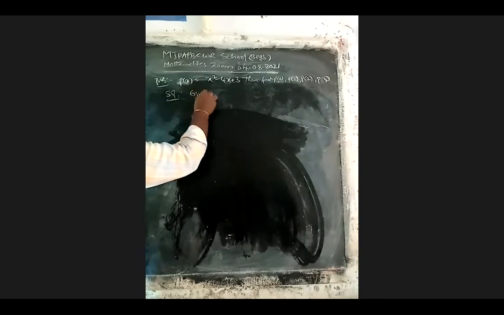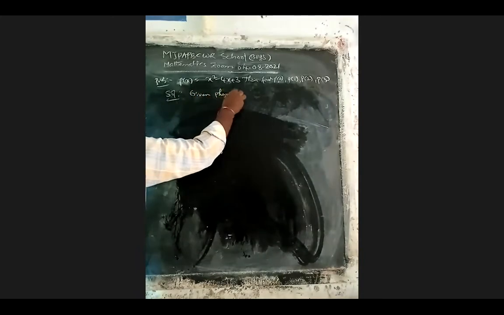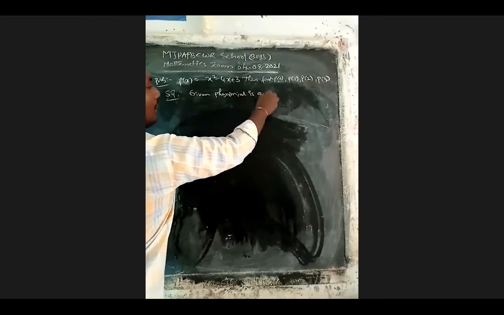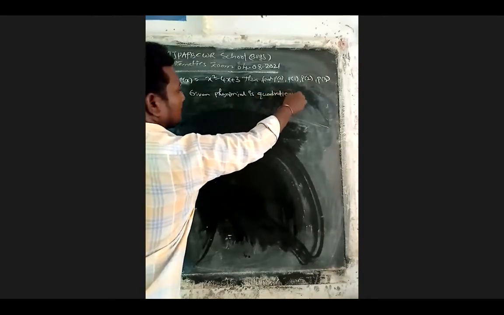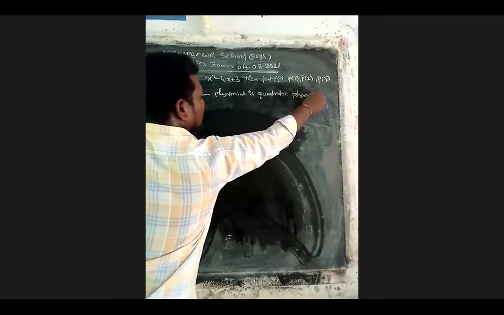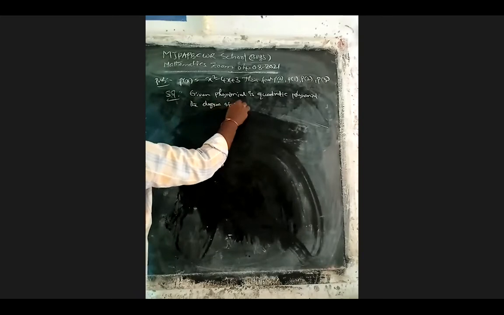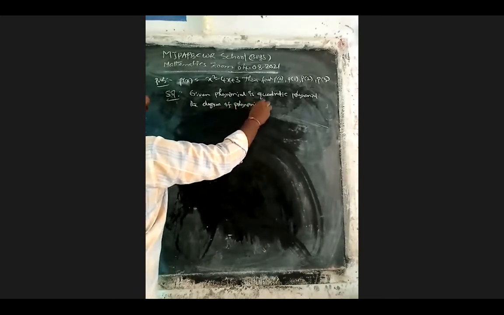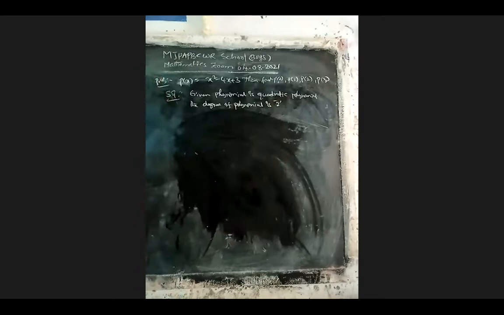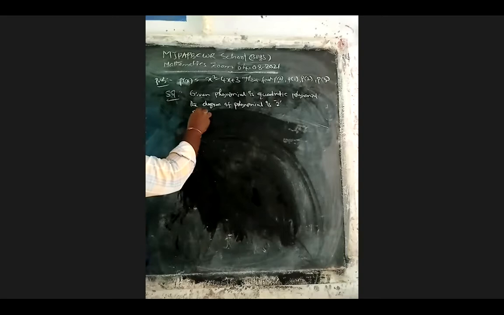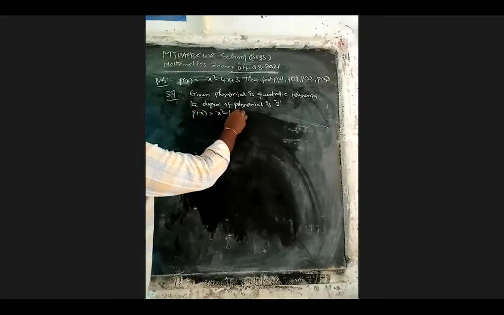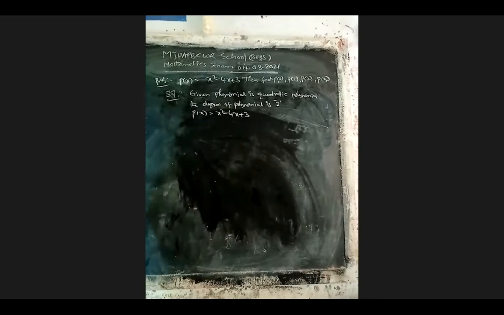So the given polynomial is quadratic, and its degree is 2. P of x equals x square minus 4x plus 3.